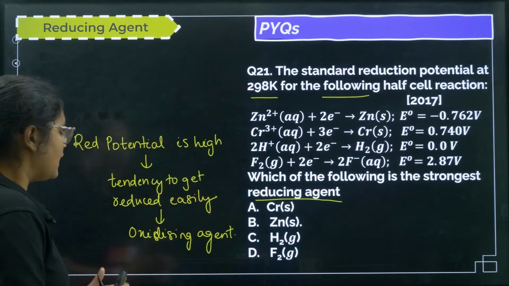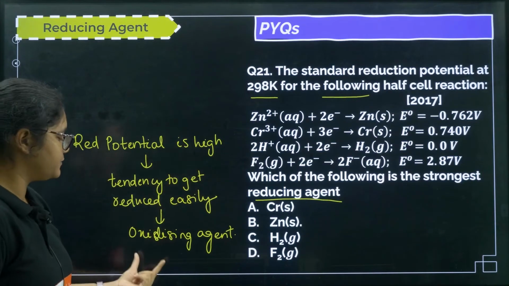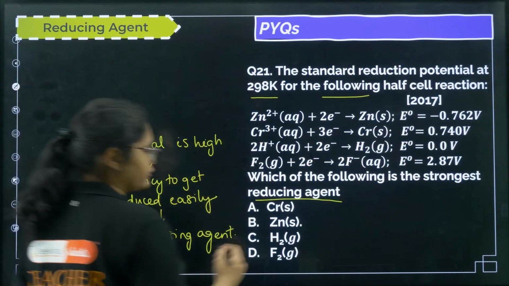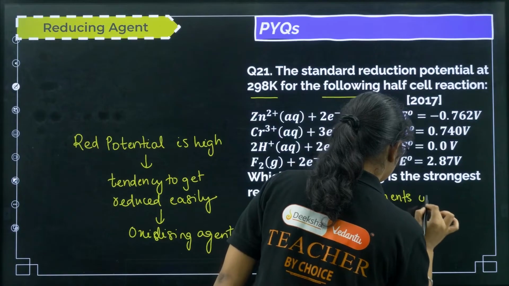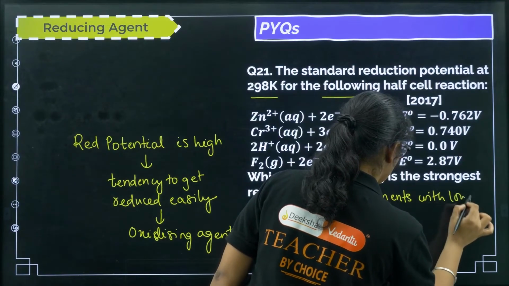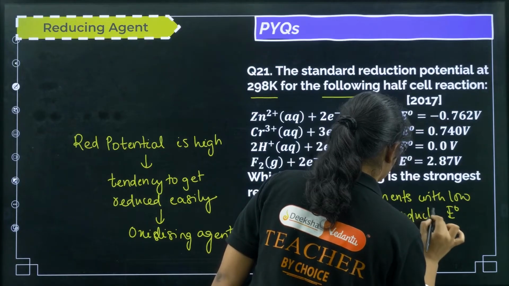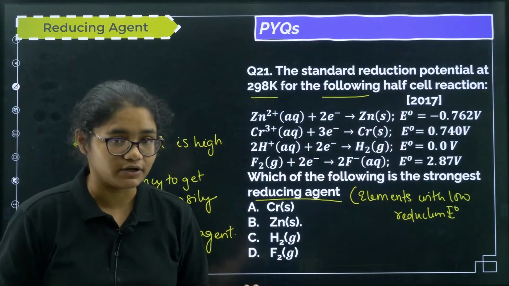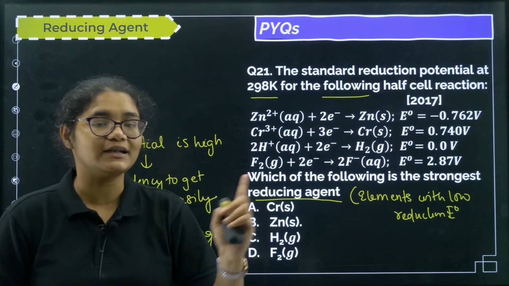right? Now the thing is, if this reduction potential is high, then it is behaving as an oxidizing agent. So if you want reducing agent, then what you should check? Elements with low reduction potential. If it is having low reduction potential, means it doesn't want to get reduced, it will undergo oxidation better and it will behave as a very good reducing agent.